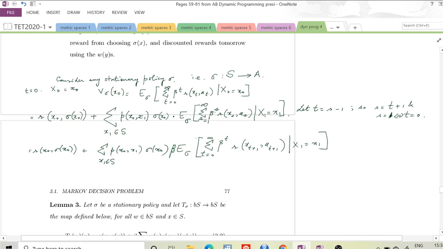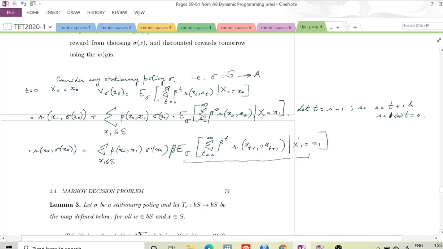And then I draw your attention to this here. This is saying time starts at t equals 0, right? The notation is slightly changed so that at t equals 0, I am given that the state is x1. So this should not be confusing.